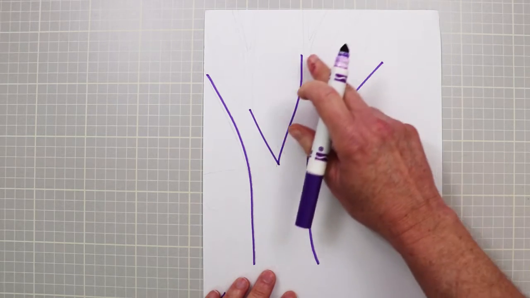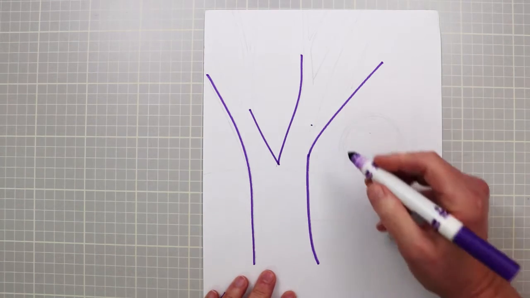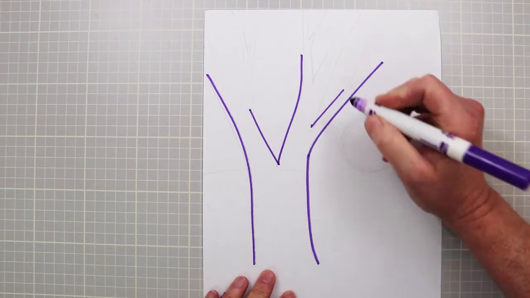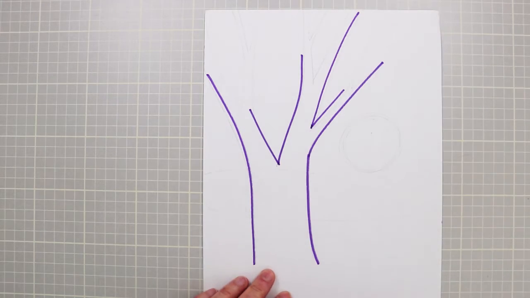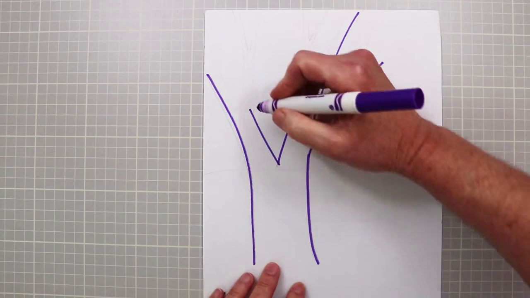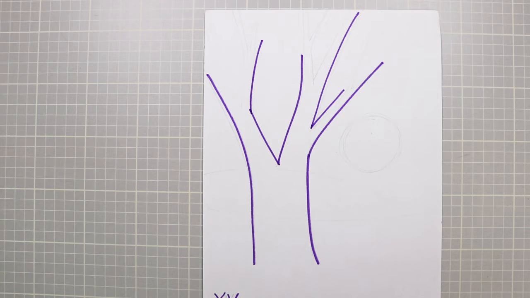Here, I think I see another Y, which means I get to have another V. Here's one arm of my V, and here's another. You can take your branches right off the page. Every time I make a Y, and there's one right now, I have to put a V inside.